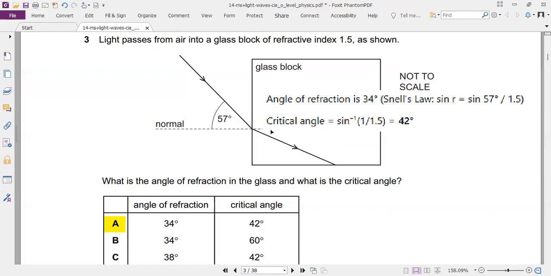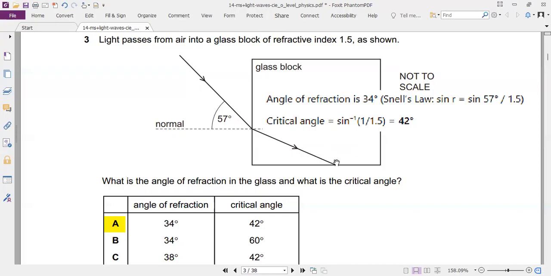So if this angle is sine 57 over 1.5, that should give you some angle. And then there will be a triangle here, so use the sum of angles in a triangle, 180, concept and calculate this angle.